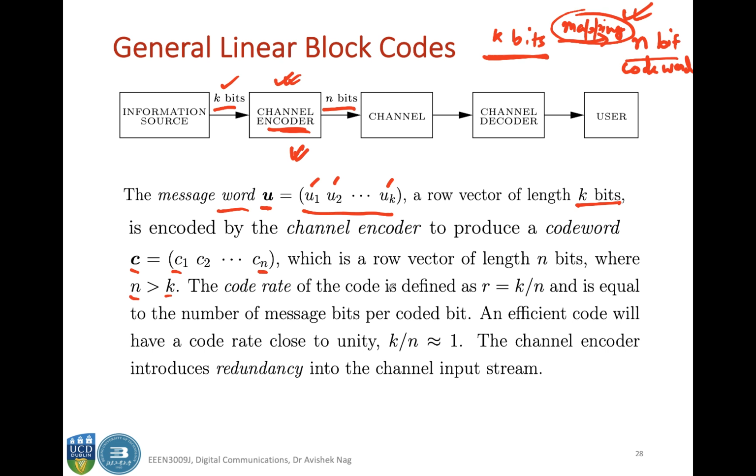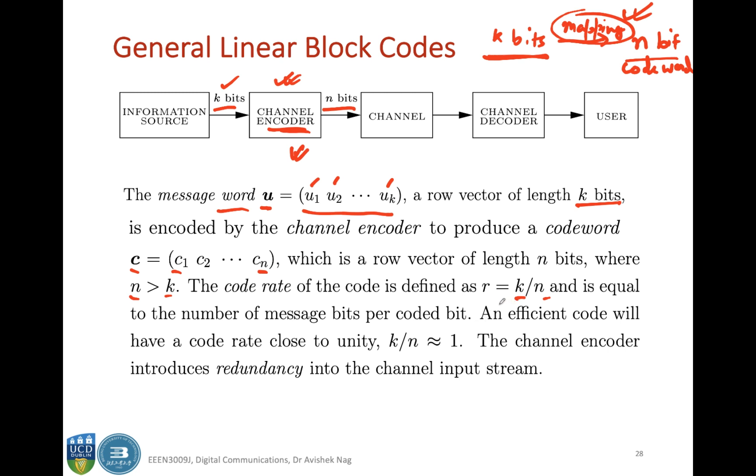The code rate is defined by k over n and is equal to the number of message bits per coded bit. An efficient code will have a code rate close to unity, and the channel encoder introduces redundancy into the channel input stream.